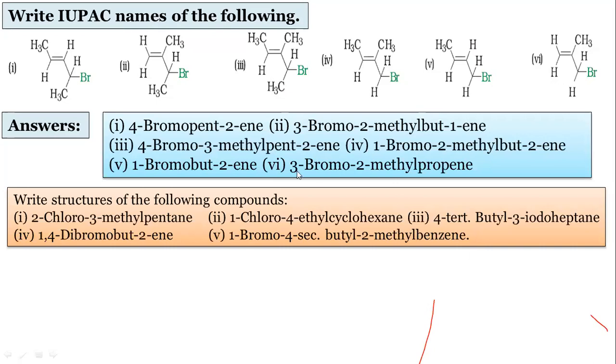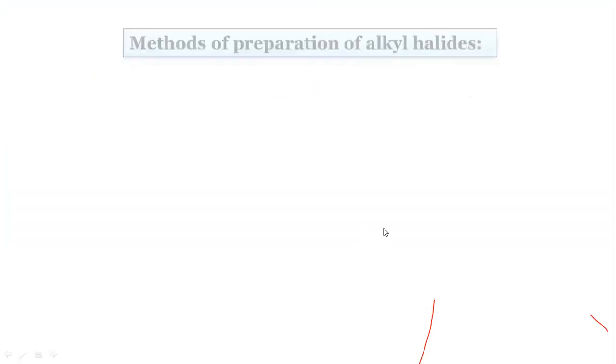If you have any doubt, call me, I will solve your doubts. Also, one question is given here. Write the structures of the following compounds: 2-chloro-3-methyl-pentane. This is based on the IUPAC nomenclature system.